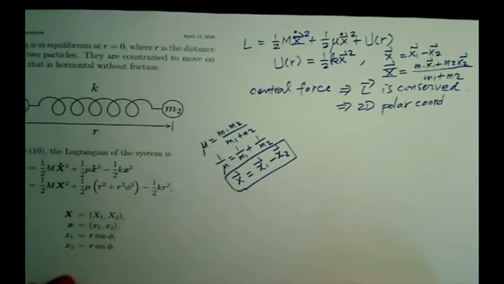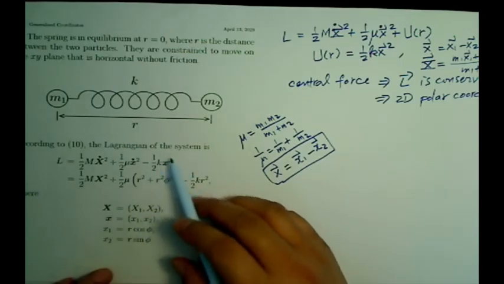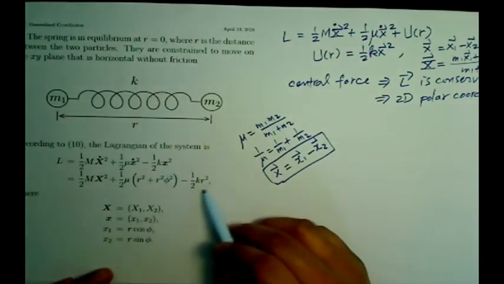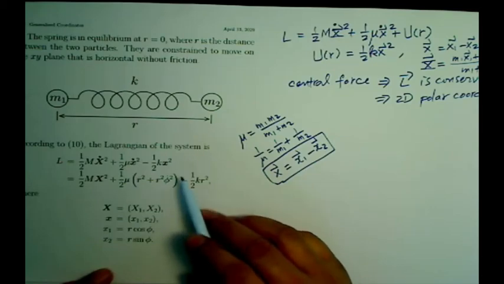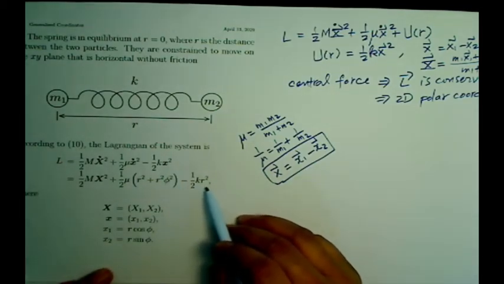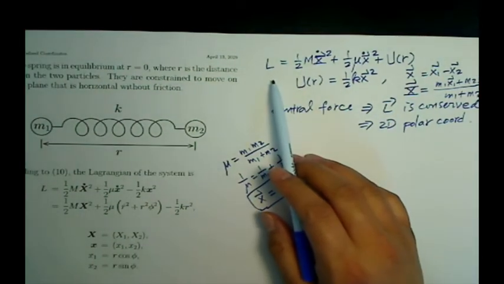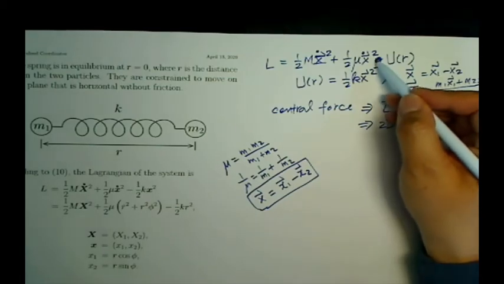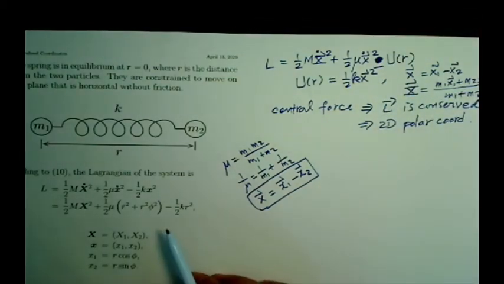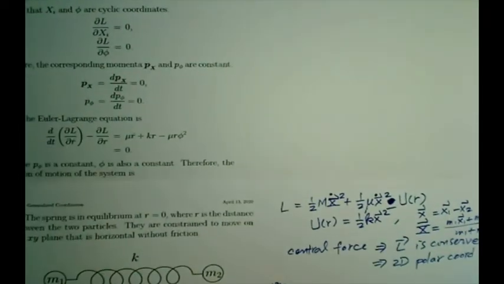So applying this one, the spring force contribution will give 1/2 k x squared. And that is the radial part only, 1/2 k r squared. So as a result, we can substitute this one. In this Lagrangian there must be a negative sign there. And using this one, we can solve the problem in a straightforward way.